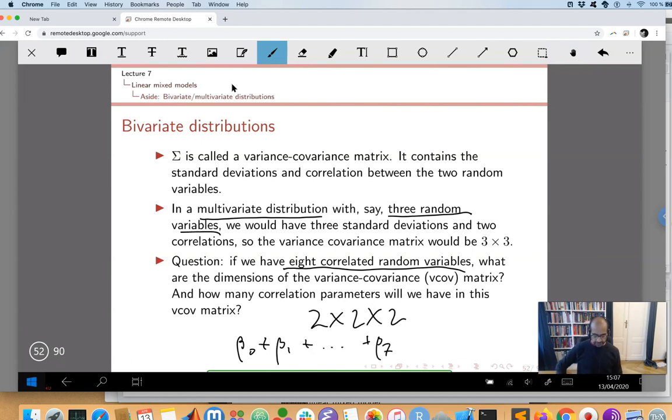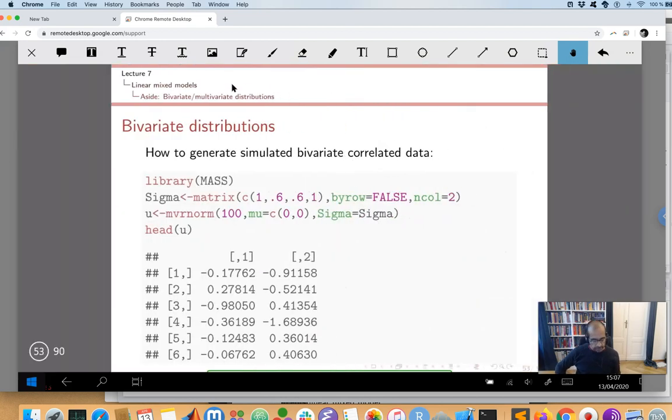There'll be 7 comparisons, let's say. If you do all these comparisons, you're going to have adjustments to all the intercepts. So you will have 8 random variables. How large will your variance covariance matrix be? It will be an 8 by 8 matrix. But the question I have for you is, how many correlation parameters will be in this matrix? Think about it. Maybe you can tell me when we have a meeting on Zoom.